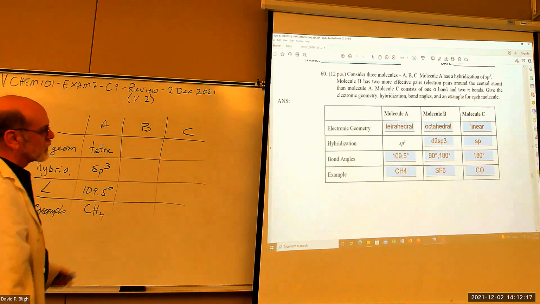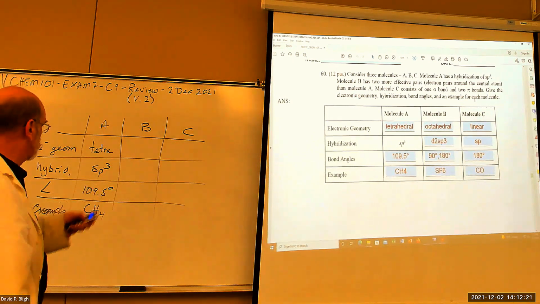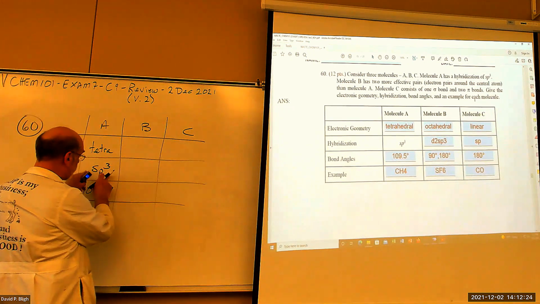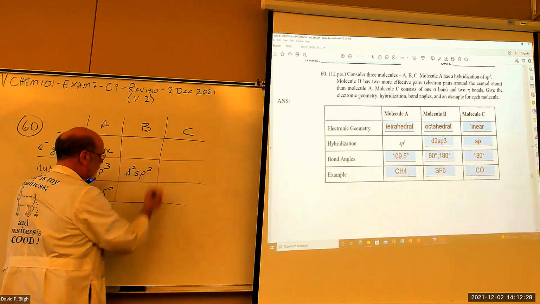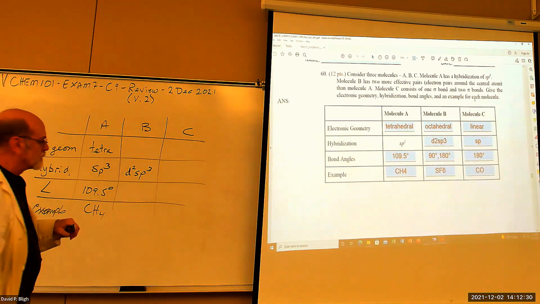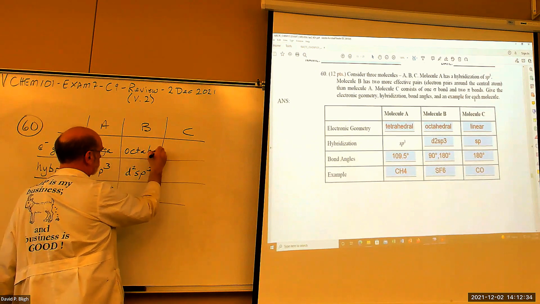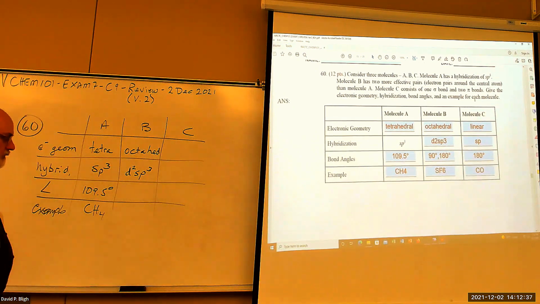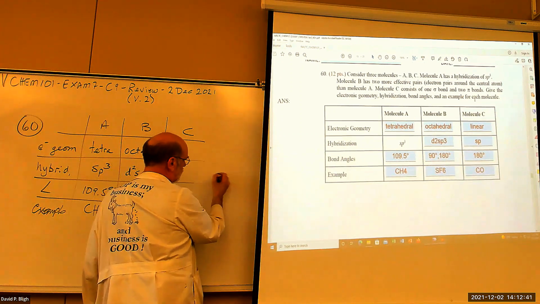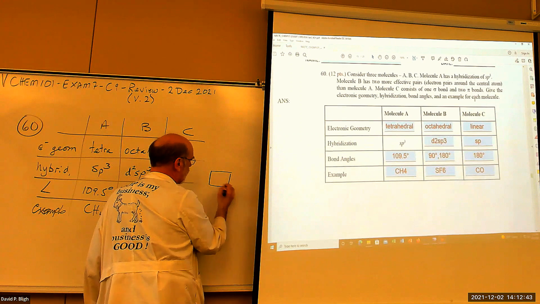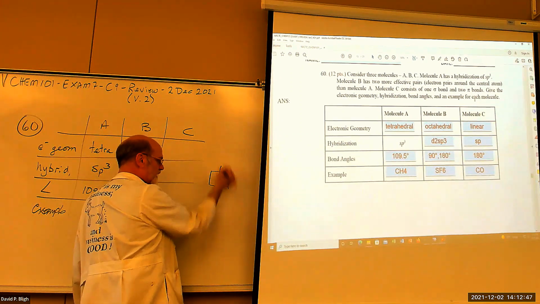Okay, so how about molecule B? Molecule B has two more effective pairs around the central atom. Okay, if we got two more pairs, the only way to do that is with d orbitals, which means the electronic structure is octahedral. If we look at a representation of the geometry of an octahedron, it's got a square in the middle and then two apexes.